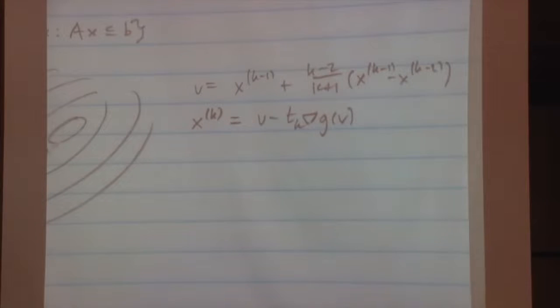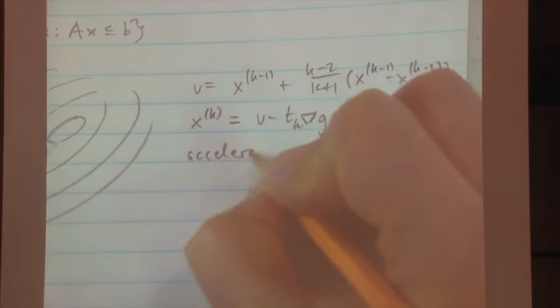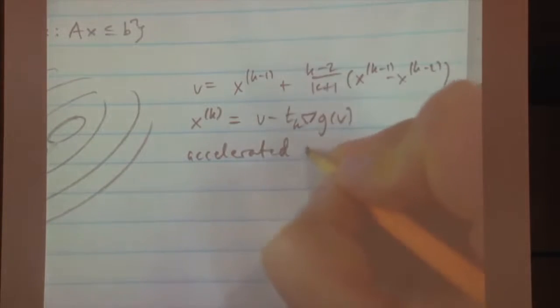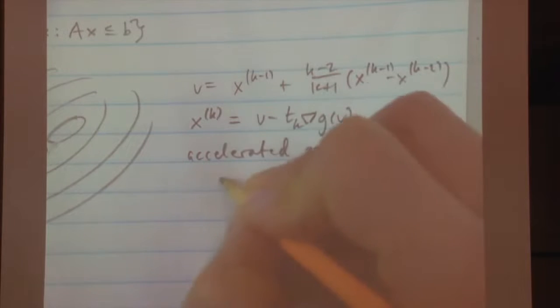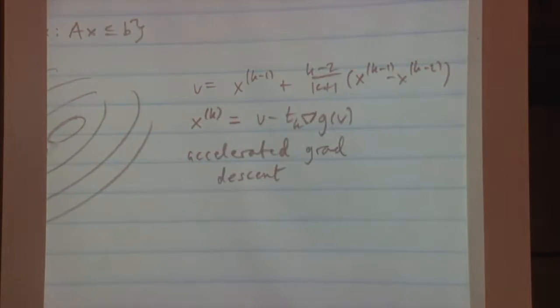So this would be accelerated gradient descent, which is a special case when we take h equals 0. So the question was, isn't this just the same as taking a longer step size, effectively?